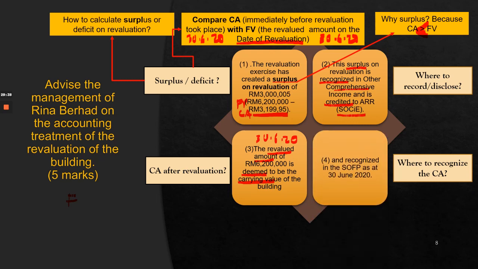That has to be explained. Remember, these 4 boxes that you have here are the explanation of the accounting treatment for the building. So that was the advice actually. The revalued amount is recognized in the SOFP. Okay, that's it.